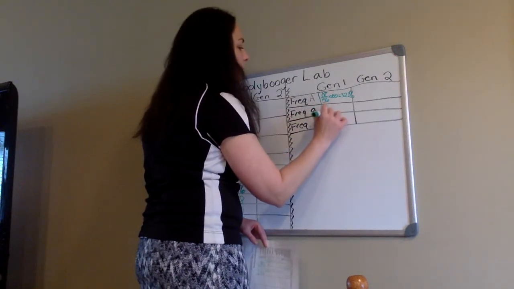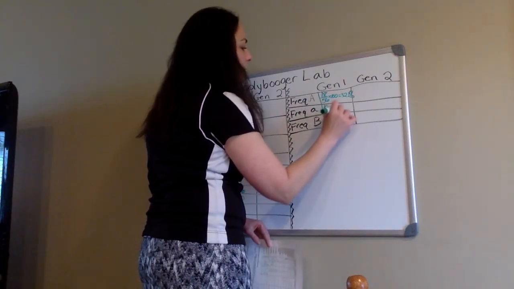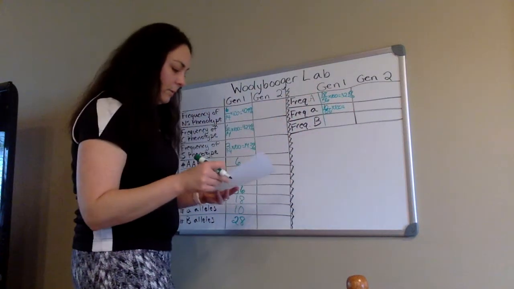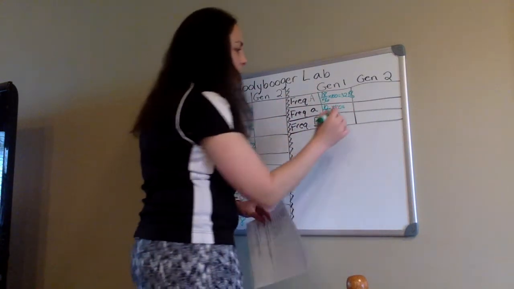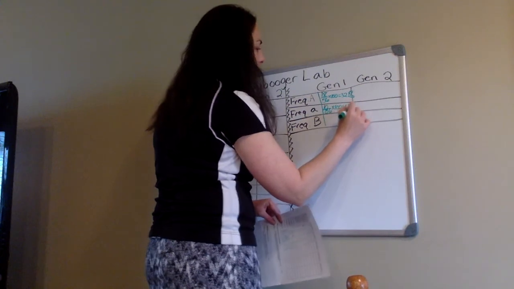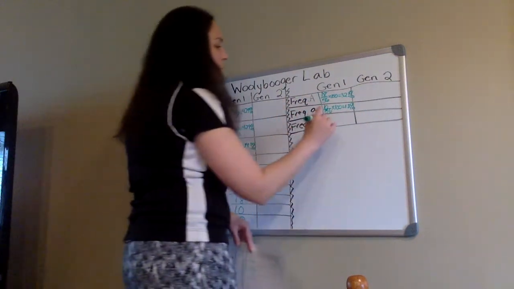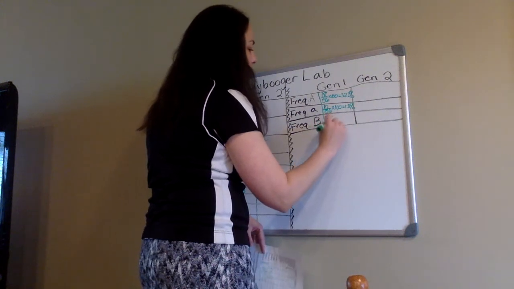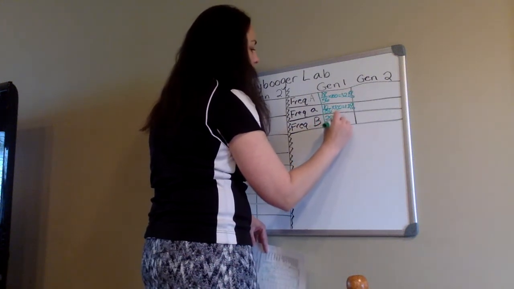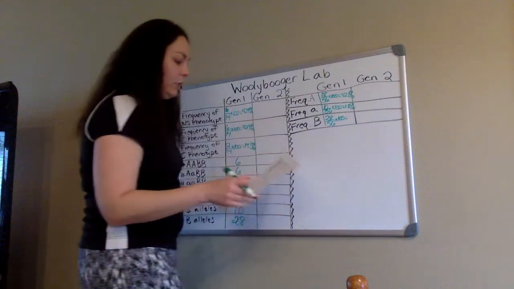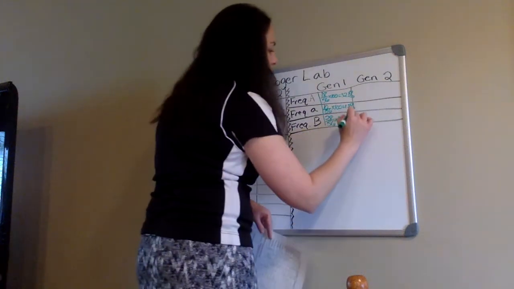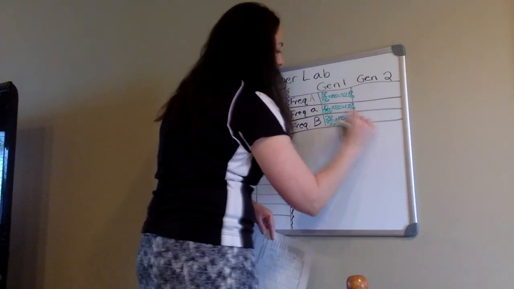So 10 over 56 times 100. In that case, we would have gotten 18%. And then lastly, the frequency of B, there's a lot of those. We had 28 B alleles in the population out of the 56 alleles for beak shape. Multiply by 100 and you get 50%.